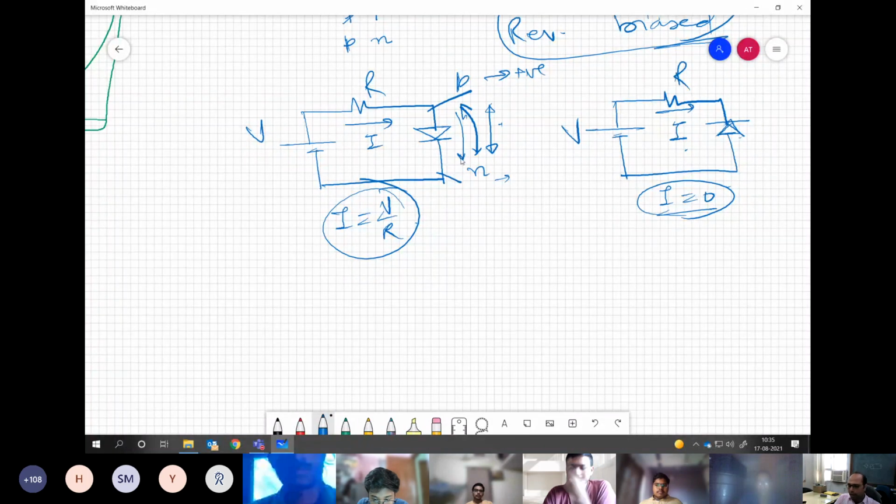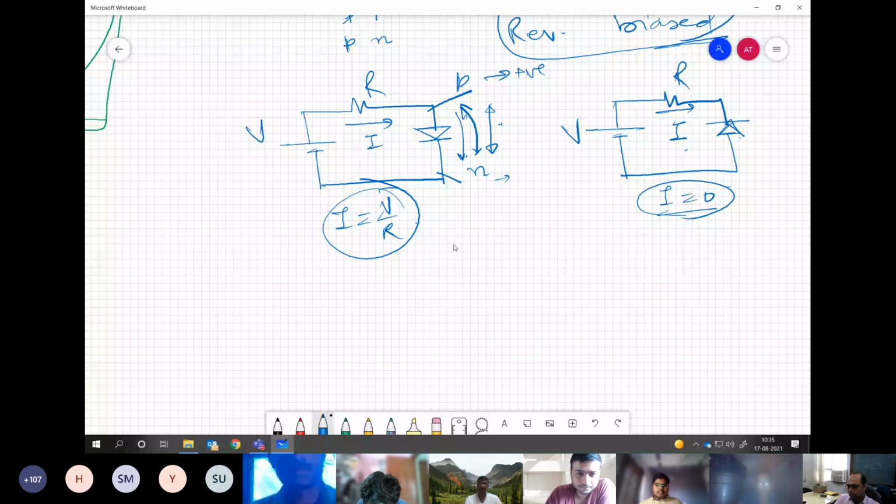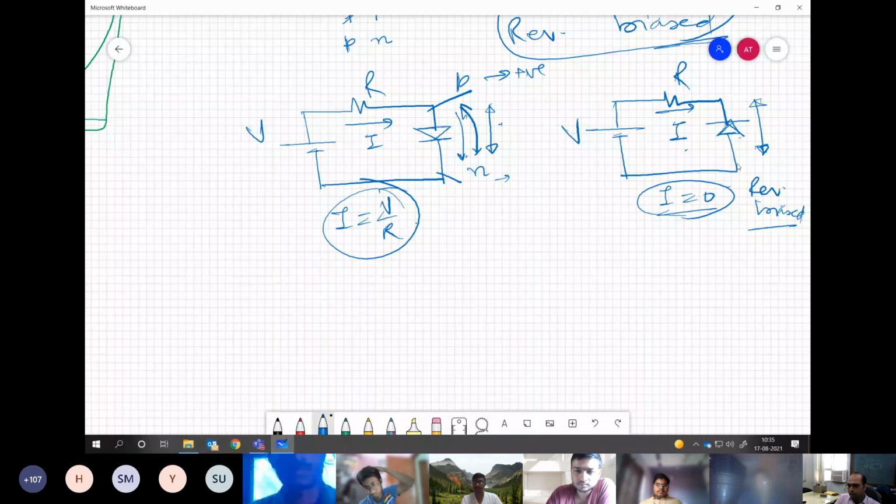It is ready to conduct. And whenever this is reversed, we say the diode is reverse biased, which means it cannot conduct. It will be blocking this voltage. Of course, there are some diodes which do conduct in the reverse direction also, but they are used for different circuits. I will come to that shortly.